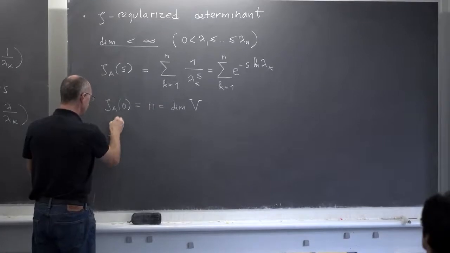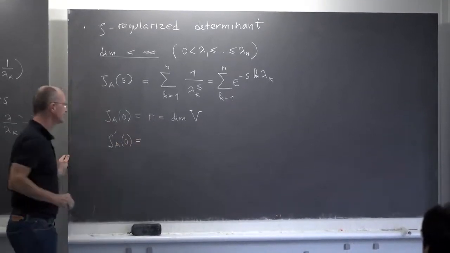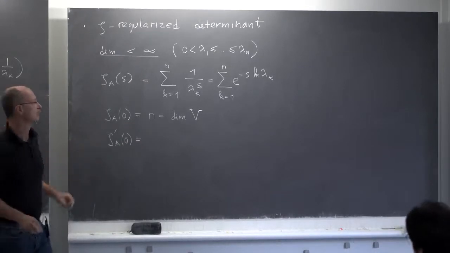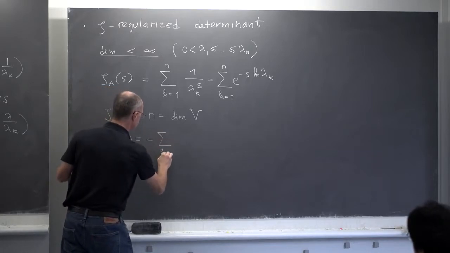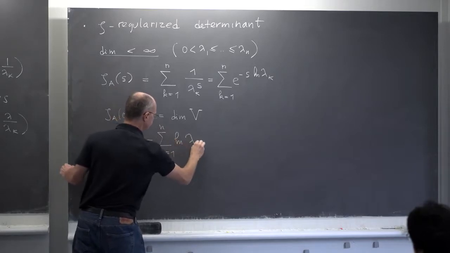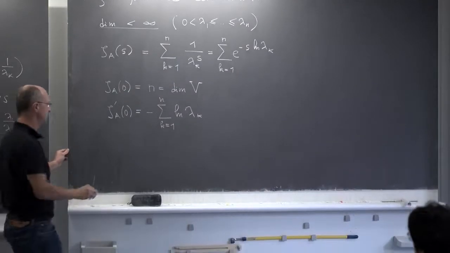Now, somewhat more interestingly, let's look at the derivative of zeta at 0. So this will be minus the sum from 1 to n of logs of lambda k.